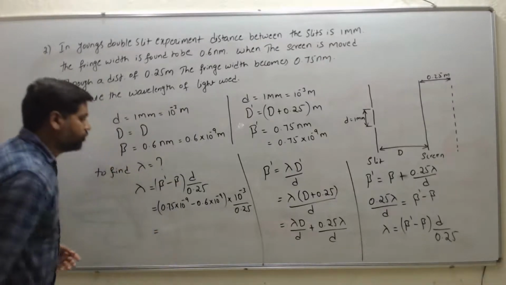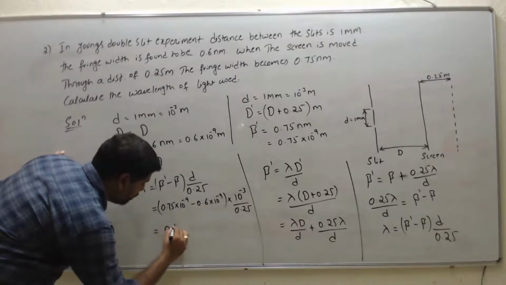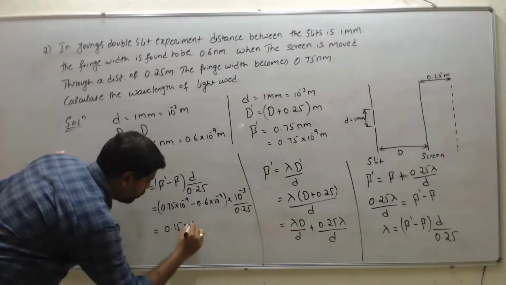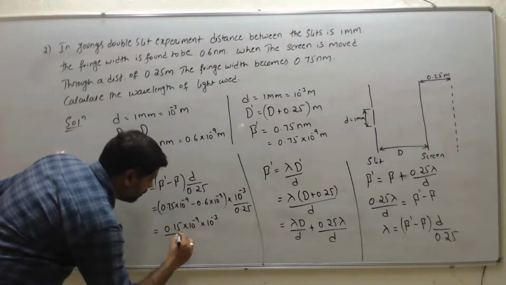So next, 0.75 minus 0.6 is 0.15 into 10 to the power of minus 9 into 10 to the power of minus 3 divided by 0.25.